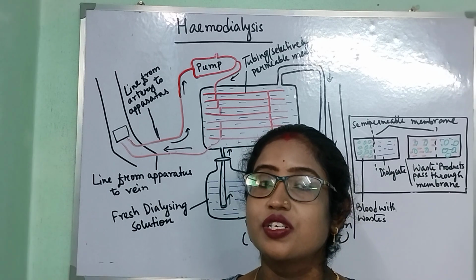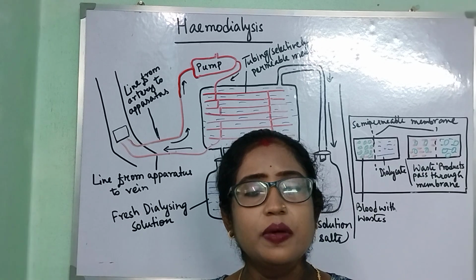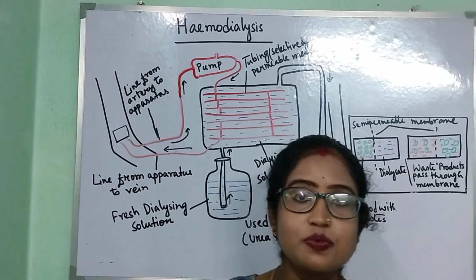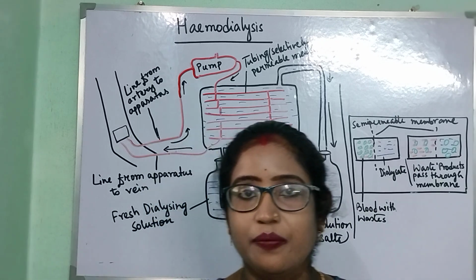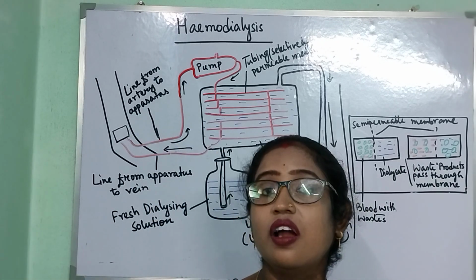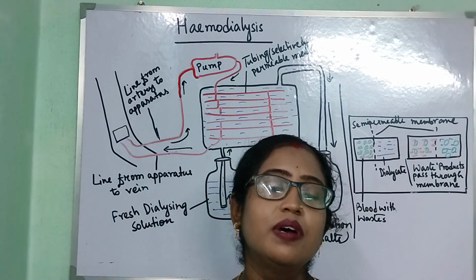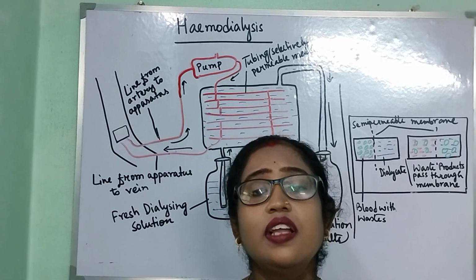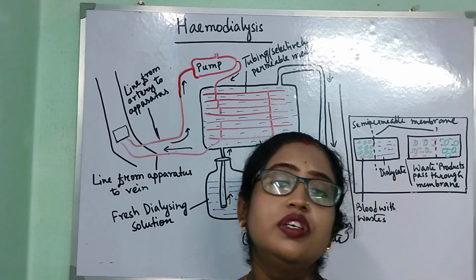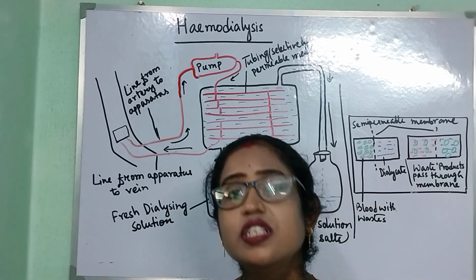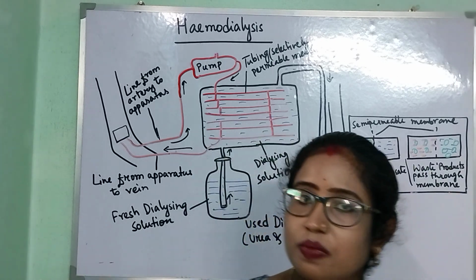In today's session, we are going to discuss the hemodialysis process. But before we start the hemodialysis process, we have to understand the concept of the artificial kidney. So what is an artificial kidney? An artificial kidney is an apparatus that is used to filter out the waste material from the patient's blood.